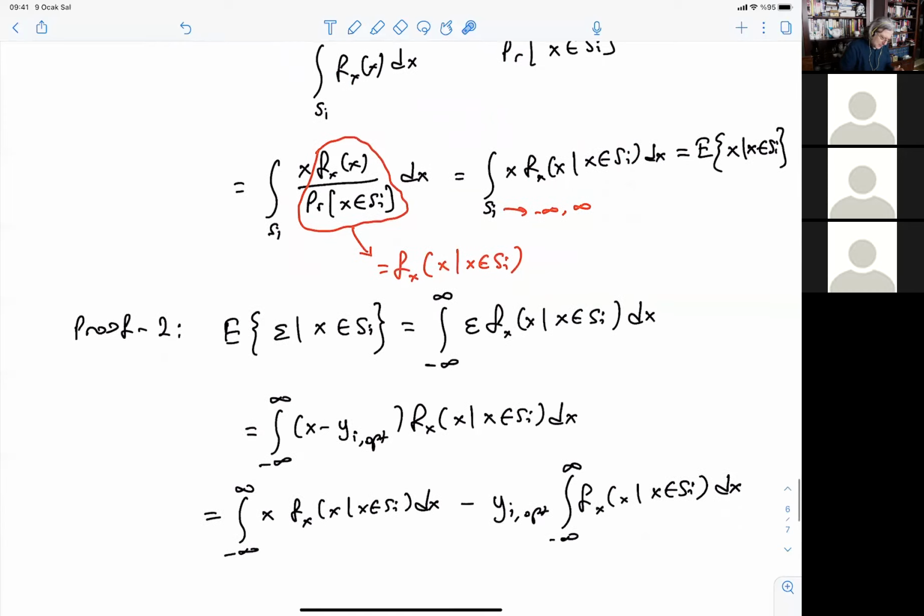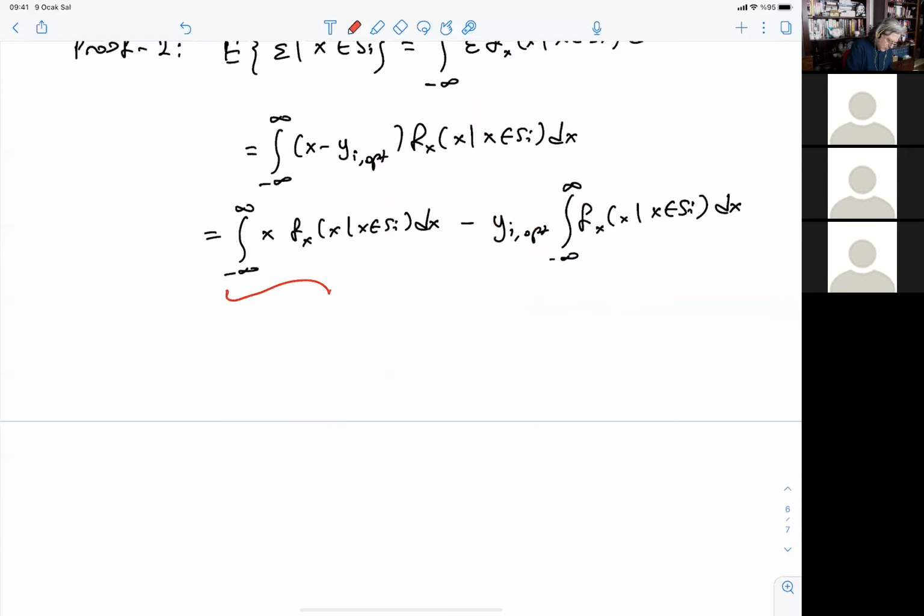So this thing overall is essentially the definition of yi optimum. And this is the integral of a conditional probability density function, which is a probability density function.